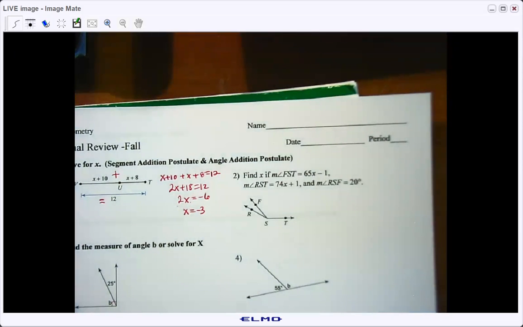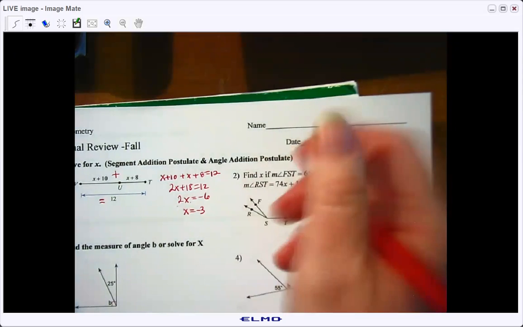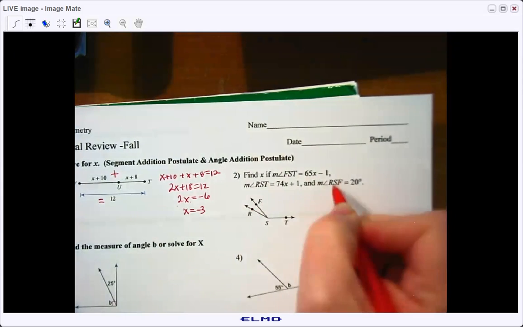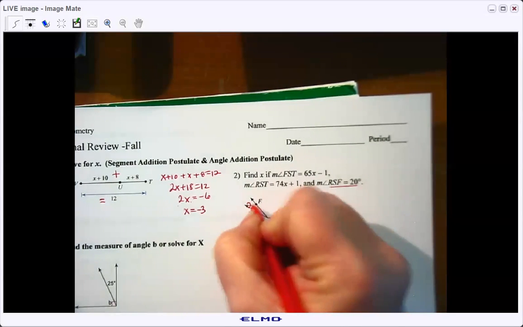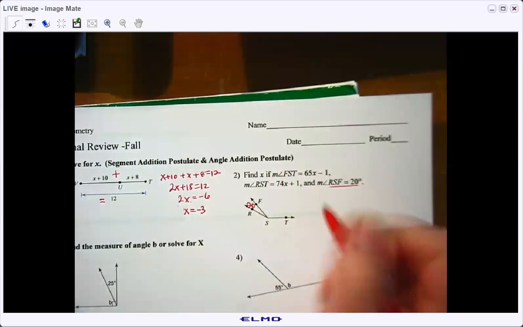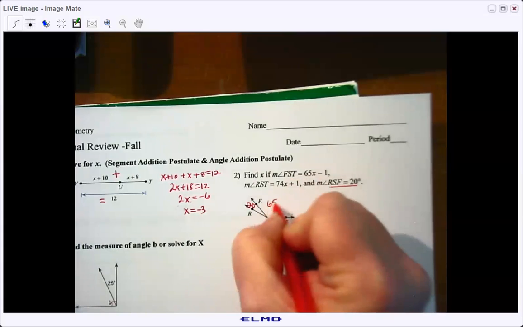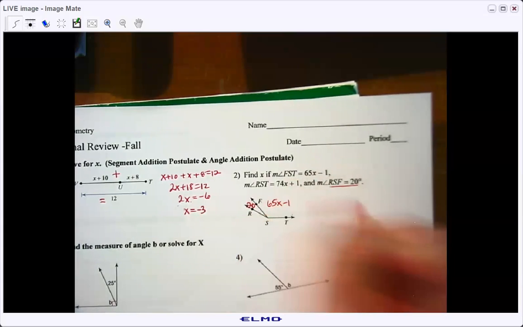The next one's a little more complicated because it is dealing with angles. So angle RSF is 20. So let's label it. FST is 65x minus 1.